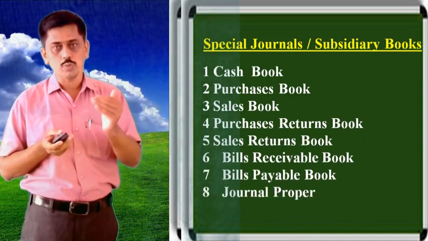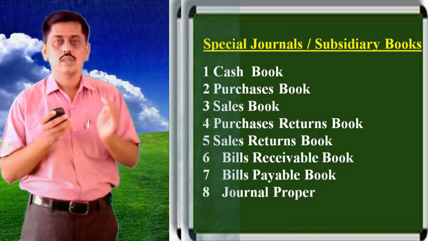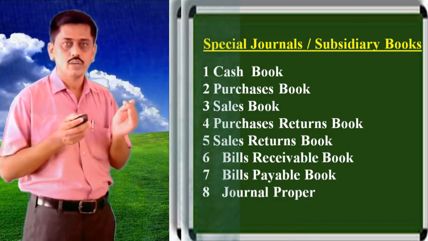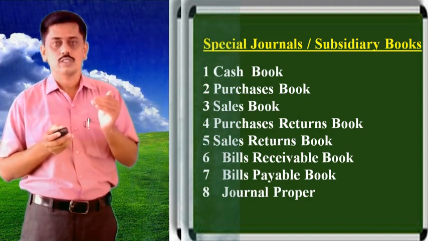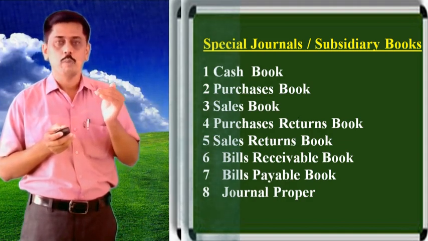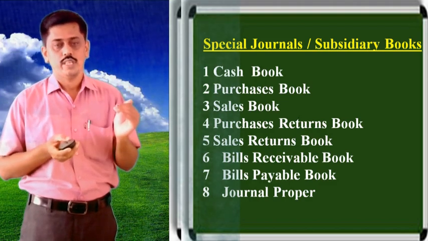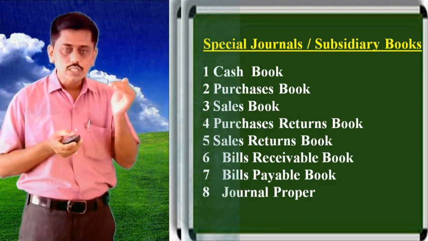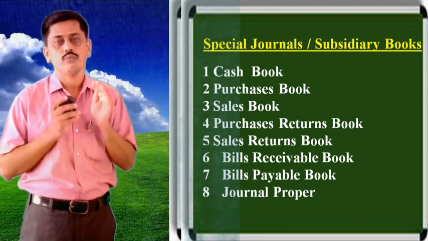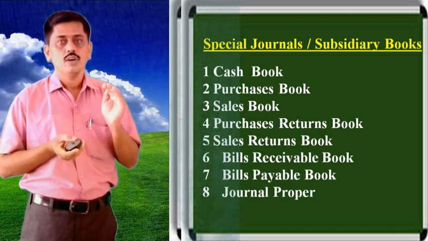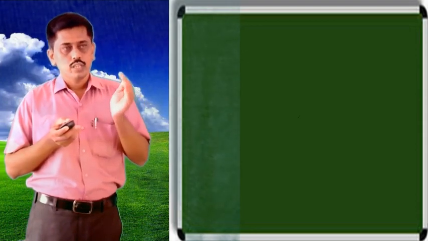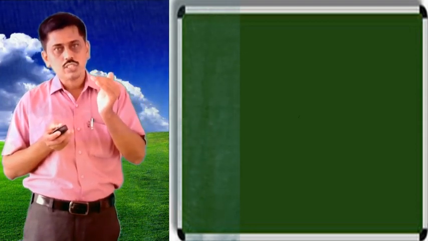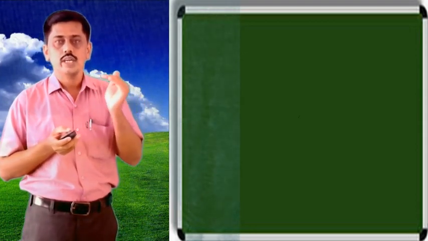All these books we will discuss in the next topic, recording transactions 2. Here we will discuss the journal. Let's first discuss the meaning of journal. What is a journal?